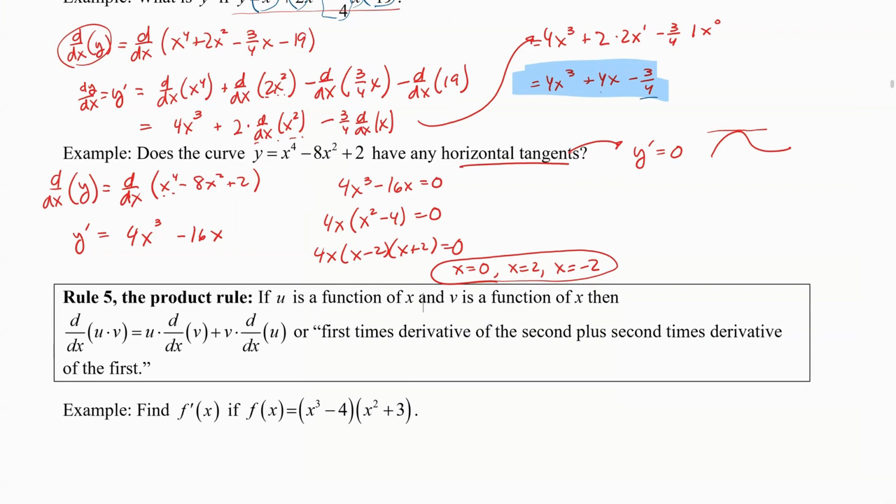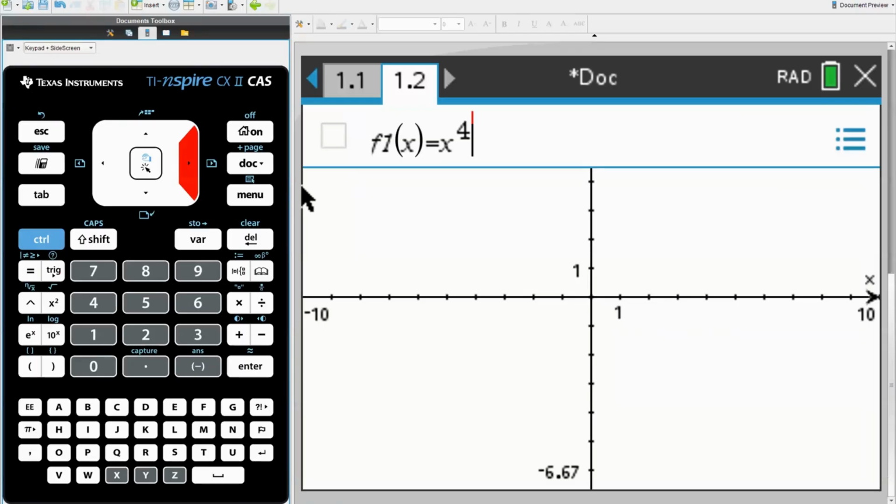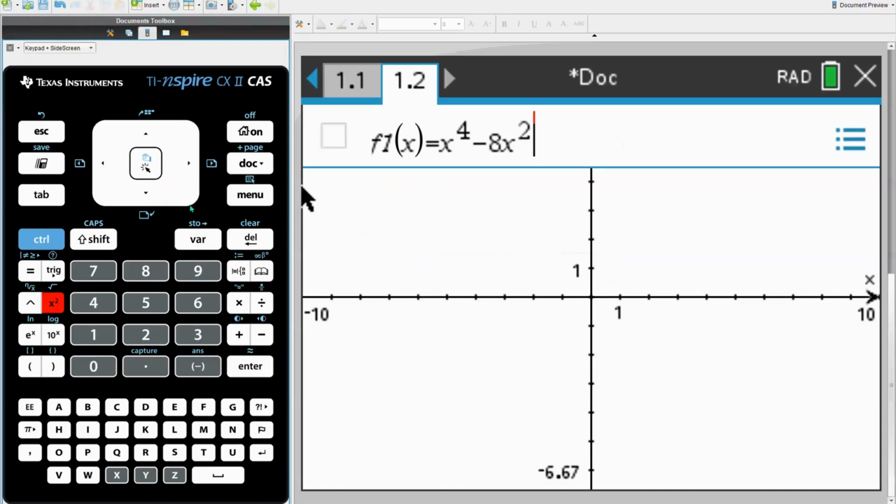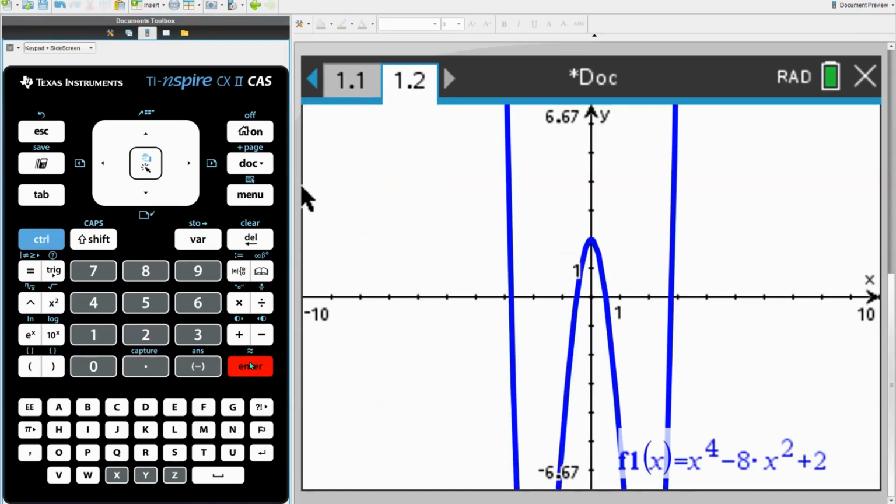X to the fourth minus 8x squared. What was the rest of that? Plus 2. Plus 2. Hit enter. Okay.